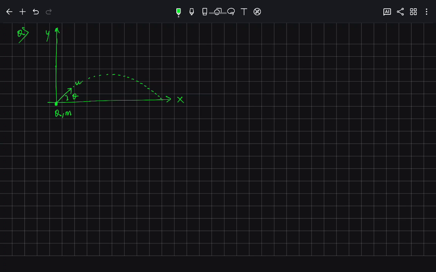Now one extra thing I am doing: due to this charge I am putting an electric field on the top, from top to down, that is the minus j direction, right? With this situation, I am asking you some questions.